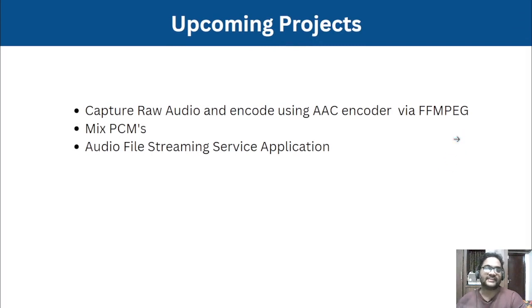The next couple of videos will be really interesting. So far we have done AMR encoding. Now we'll focus on AAC encoding using FFmpeg APIs. Next we'll see one more project about how to mix two PCM data streams. We'll also go through one more project on how to create an audio file streaming service application, something like Spotify.